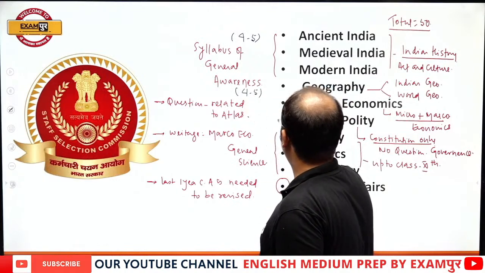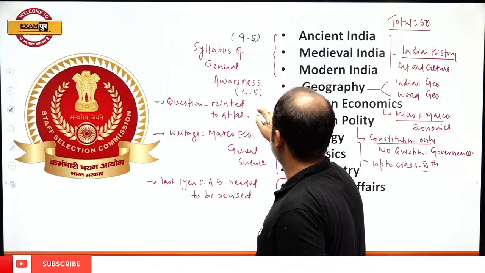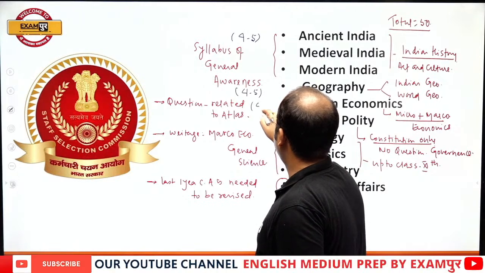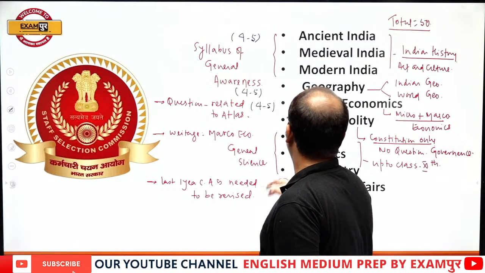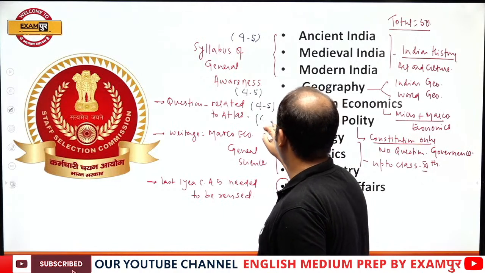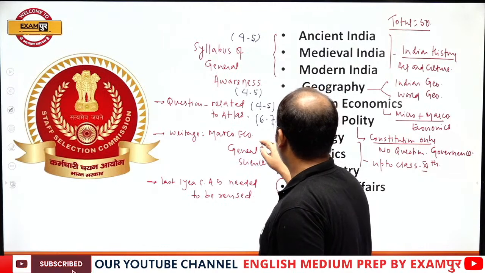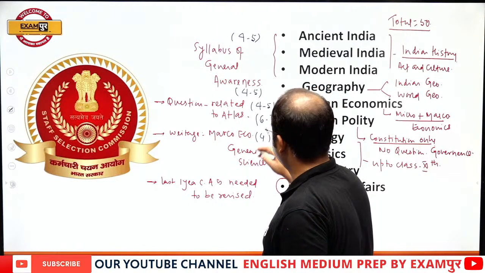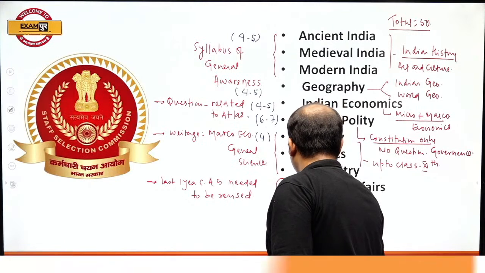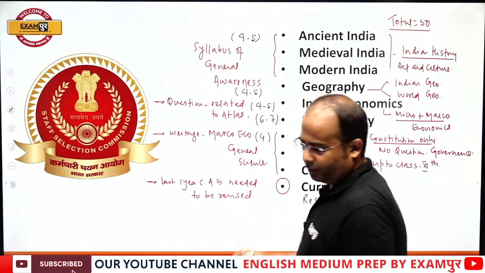That means 10. Indian economy, around 6 questions, maybe 4 to 5 you will find there also. Then Indian polity, 6 questions, sometimes 7. From biology you can find maximum 4, and the rest of the section they give from current affairs.